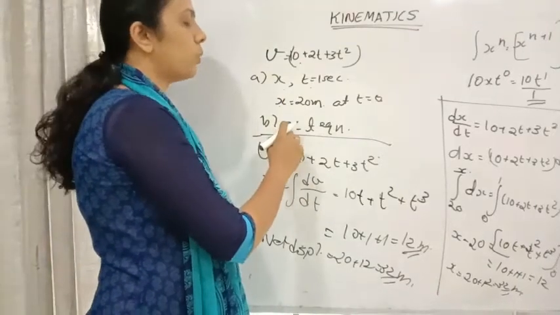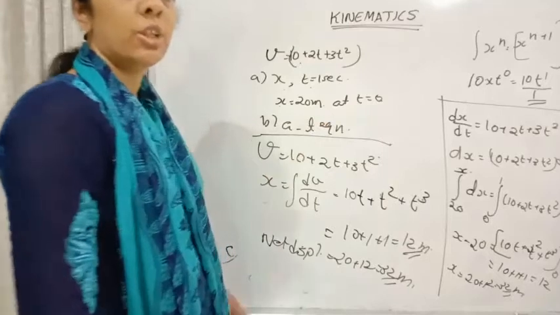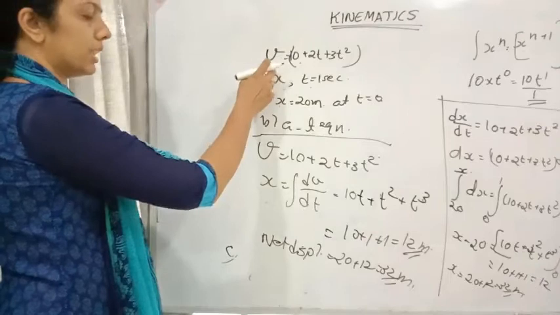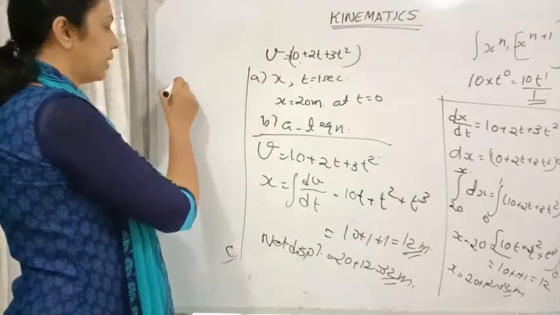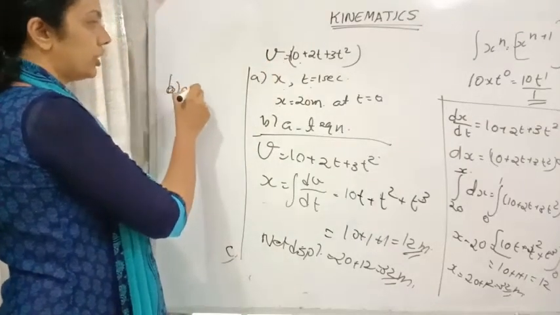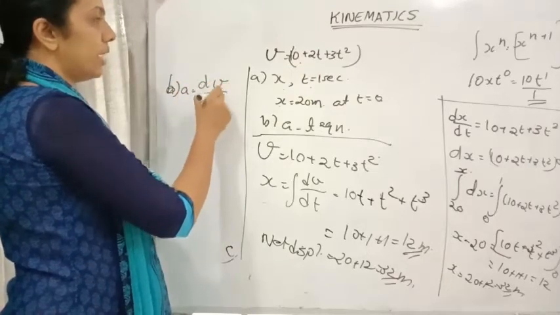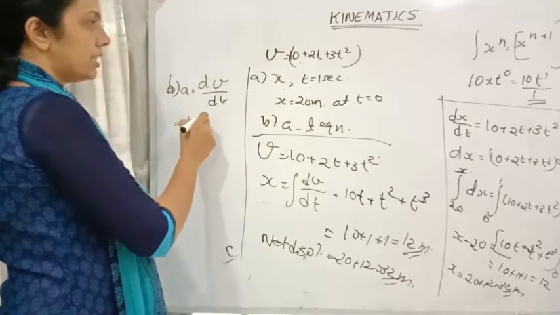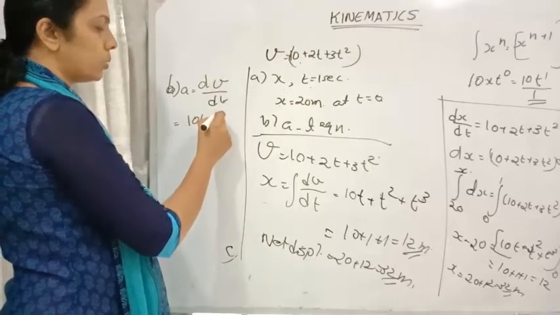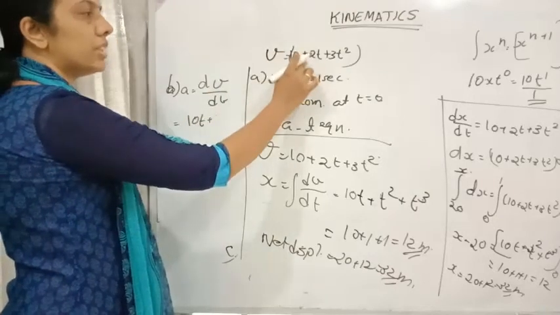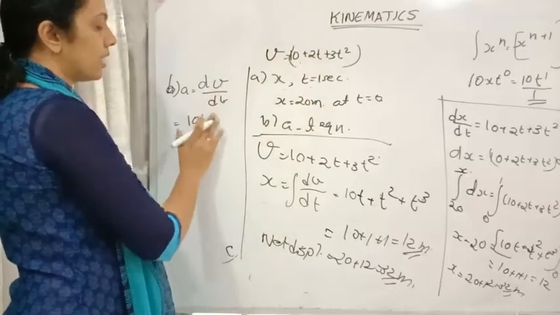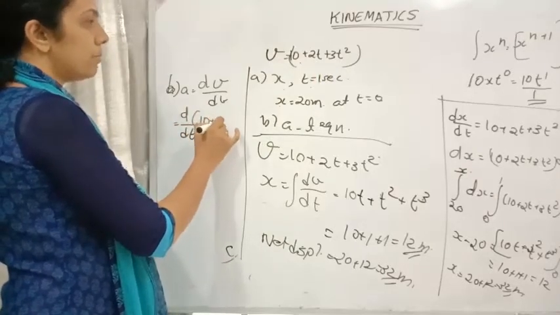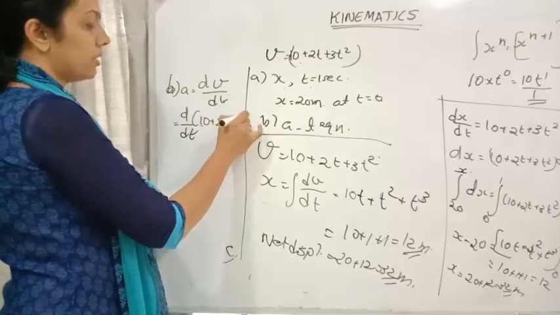Next is the acceleration time equation. For that, the velocity is already given. To find the acceleration, what can we do? Acceleration equals dv by dt. So differentiate this equation: d by dt of 10 plus 2t plus 3t square.